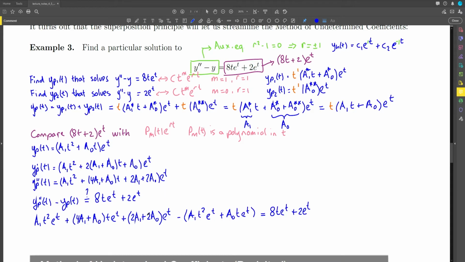So now what we notice here is that this term with the t squared and the t squared here cancels out. And then let's take a look at the t e to the power t term. So there's one here, right?